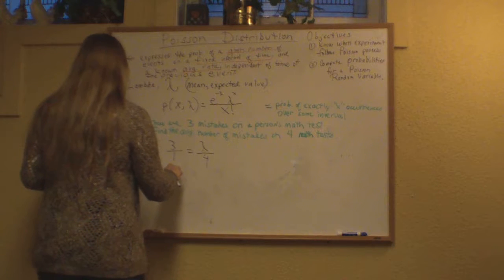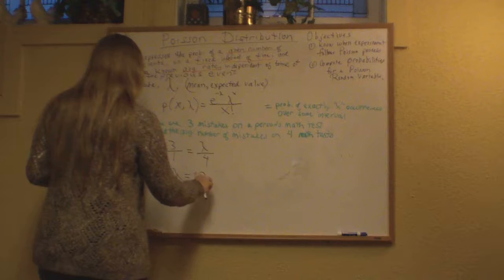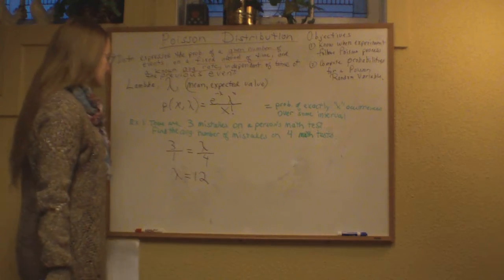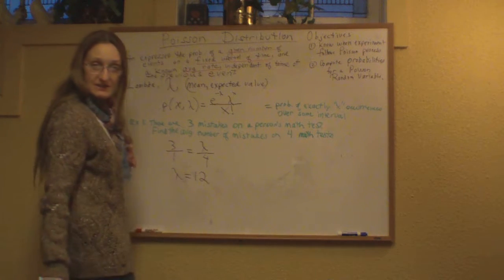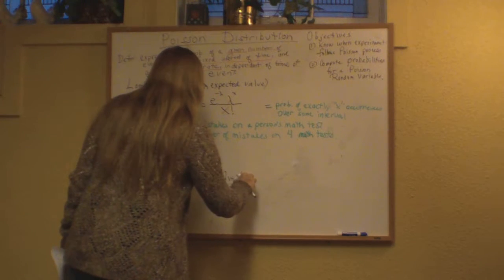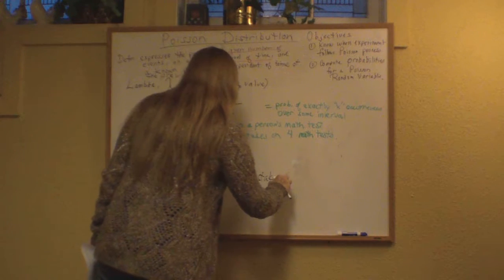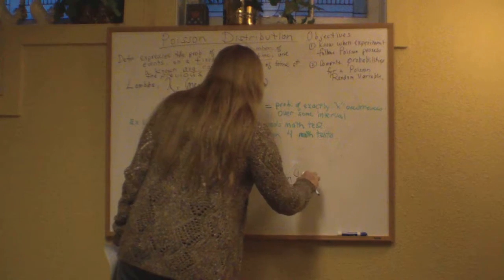And then you have lambda is equal to 12. And this number basically tells you the average number of mistakes on 4 math tests.